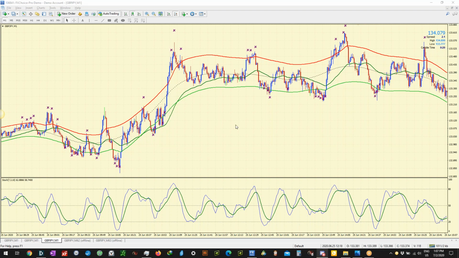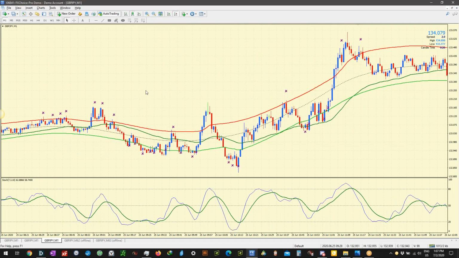Okay, so where's the setup? A setup. This is a setup right here. Why? Well, first of all, you need to wait for the candle to pierce this channel up.